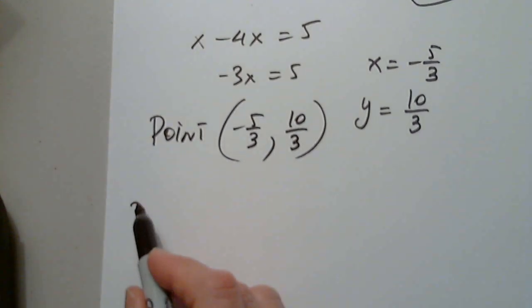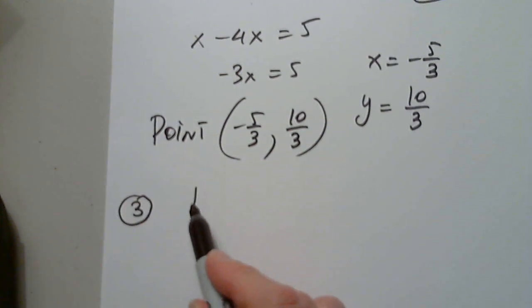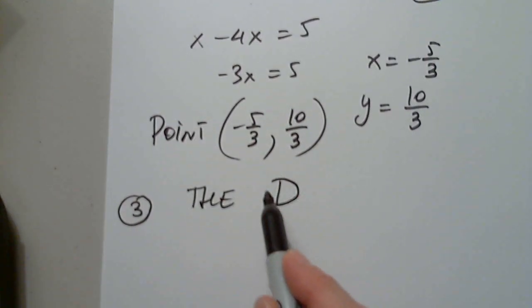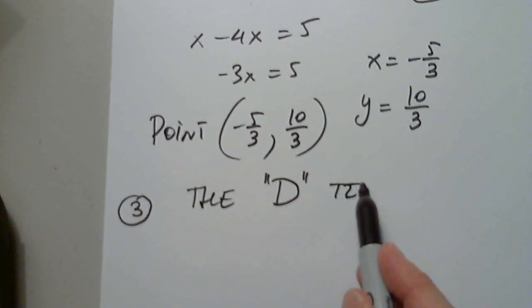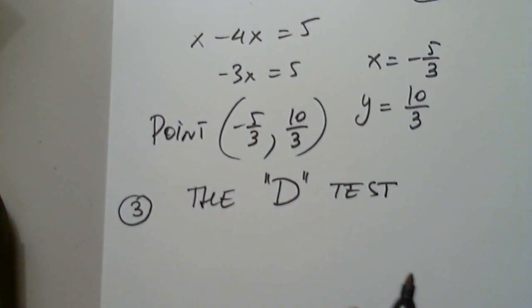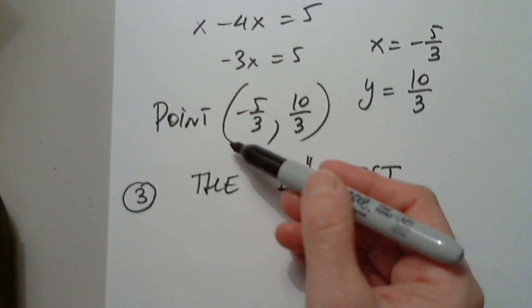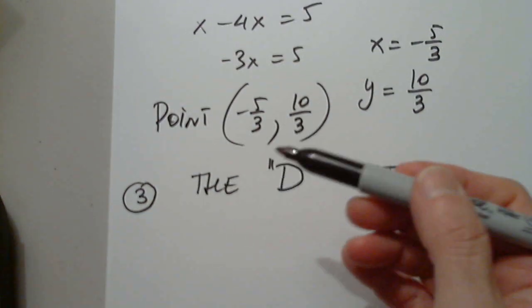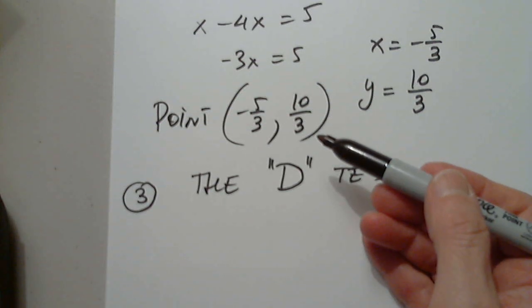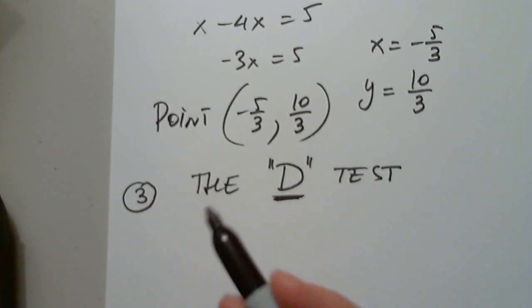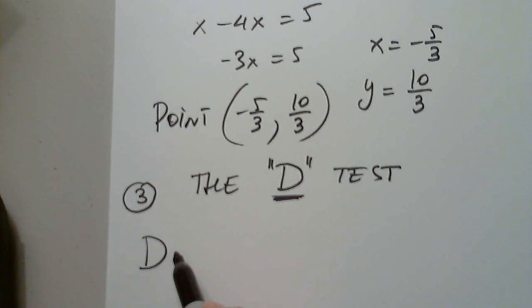Final step, step 3. The D test. Here's what the D test says. That's the final step, and we will identify whether this is a max, min, or none of the above. So what is the D? D is a number, and here's how we calculate it.